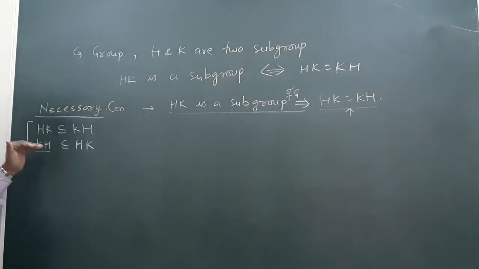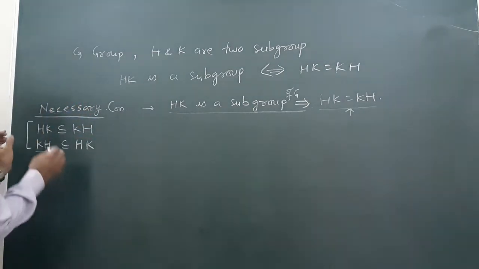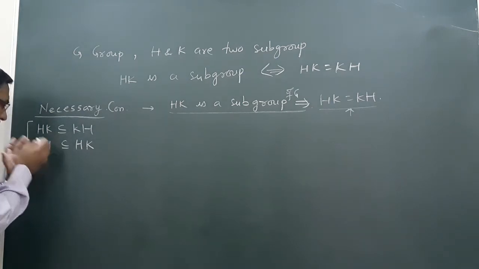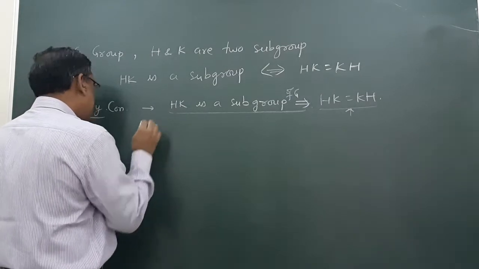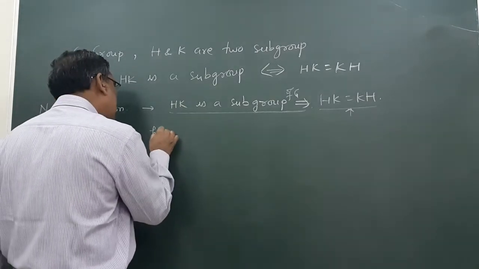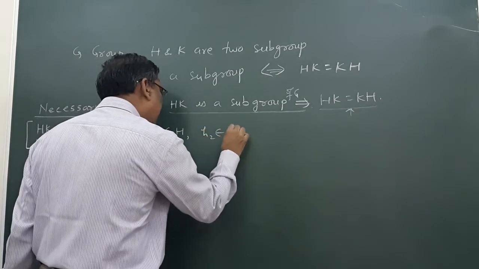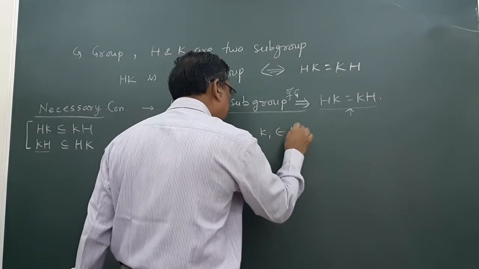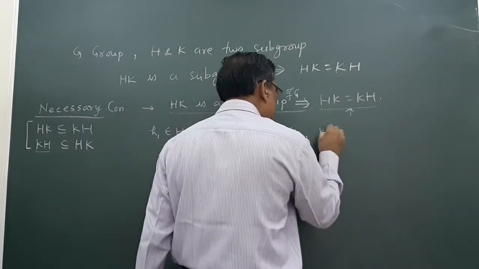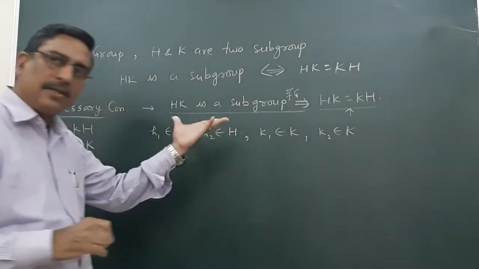I will prove this result, and in a similar fashion we can prove this one also. So, let us take any element from H and K. Say H1 is an element of H, H2 is an element of H, K1 is an element of K, and K2 is an element of K. These are the elements of the subgroups.